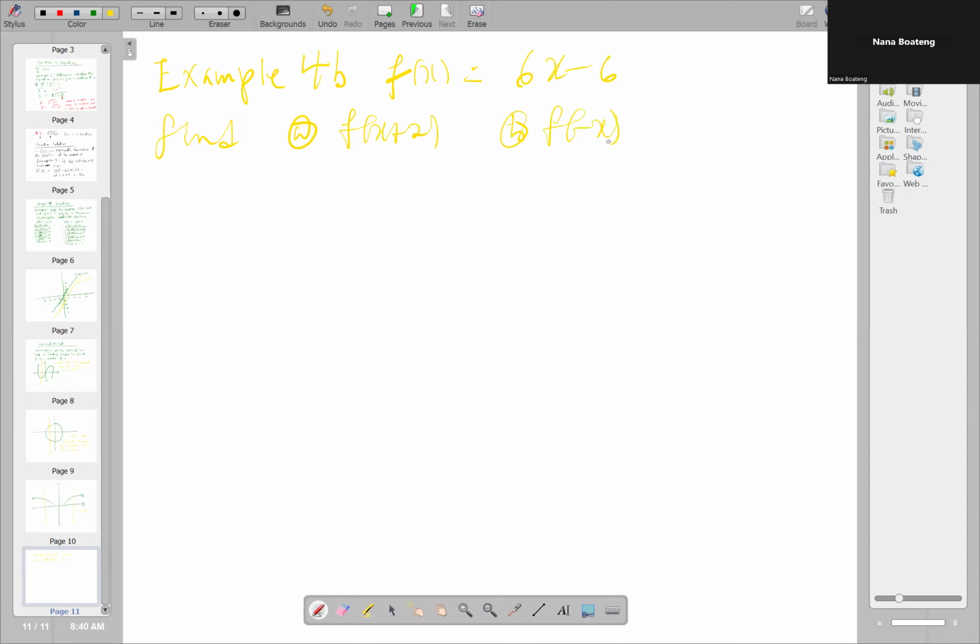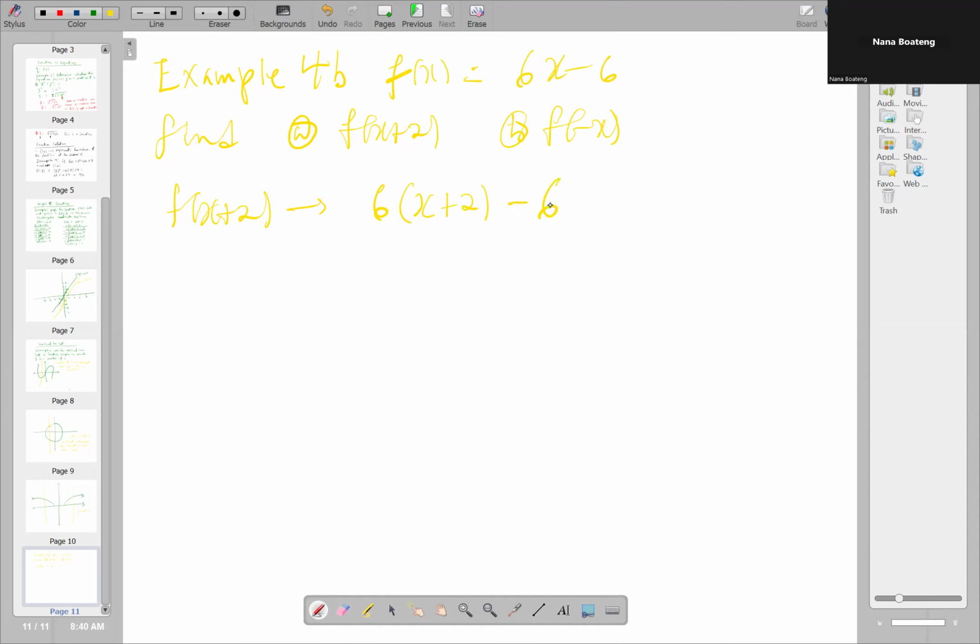So f of x plus 2 implies wherever x is, we replace it with x plus 2. That will be equal to 6 times (x plus 2) minus 6.